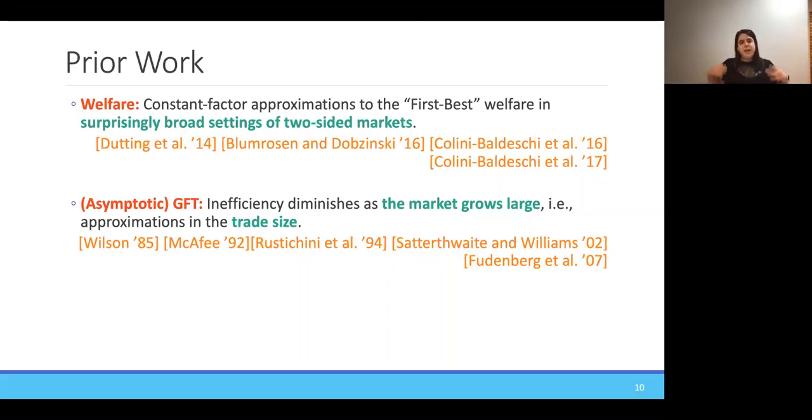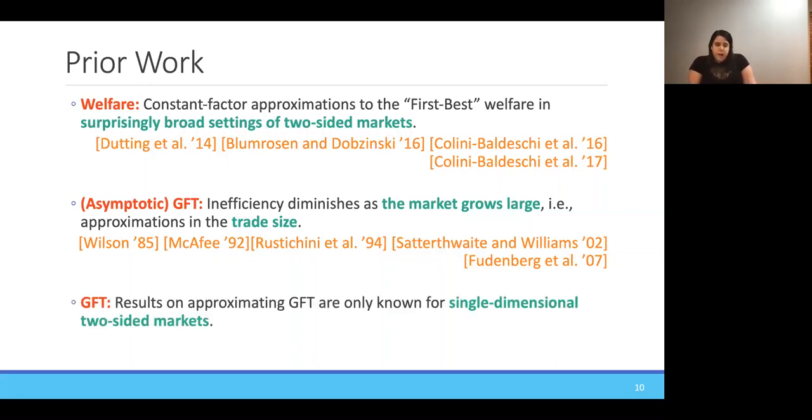And they say, okay, here's a mechanism that as the market grows large, then we'll get a good approximation. In terms of worst case gains from trade results, we only have very few, and they're only known for single dimensional markets, and I'll talk about them now. Any questions on this prior work before I go on to the gains from trade worst case? Okay.